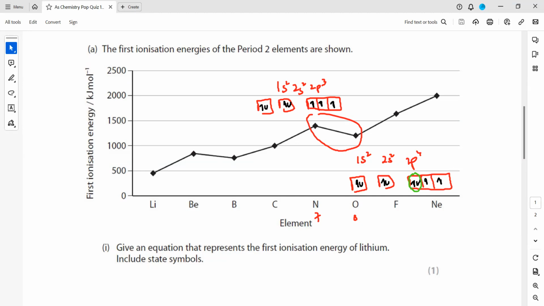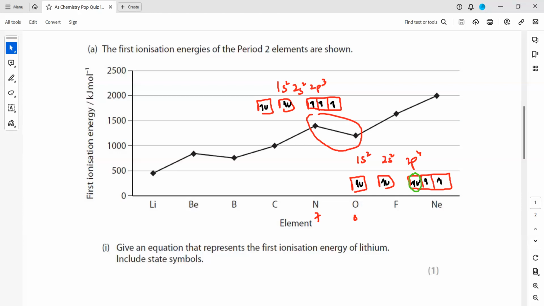So to summarize, in both cases we are removing the electron from the 2p orbital, even in nitrogen and even in oxygen. In the 2p orbital of oxygen, there is one paired electron, and they have more repulsion compared to nitrogen, in which all of them are unpaired.